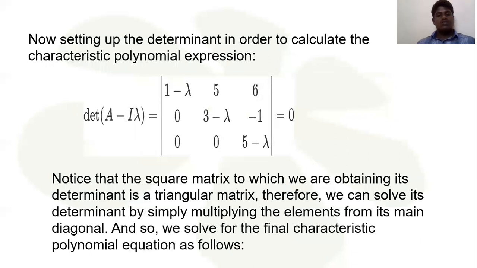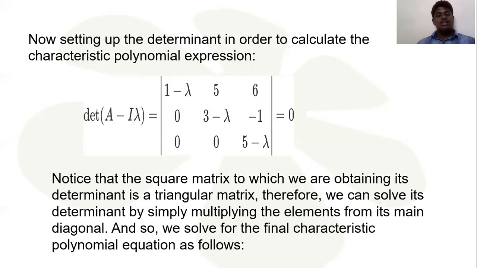Notice that the square matrix whose determinant we are obtaining is a triangular matrix. Therefore, we can solve its determinant by simply multiplying the elements from its main diagonal. And so we solve for the final characteristic polynomial equation.